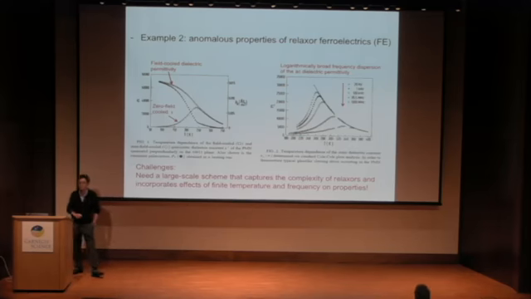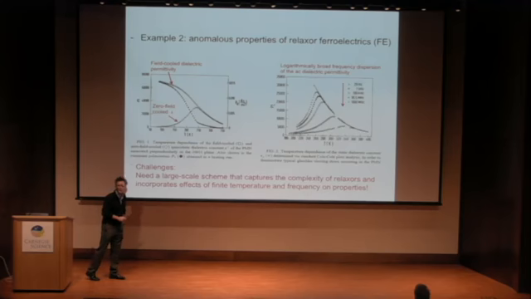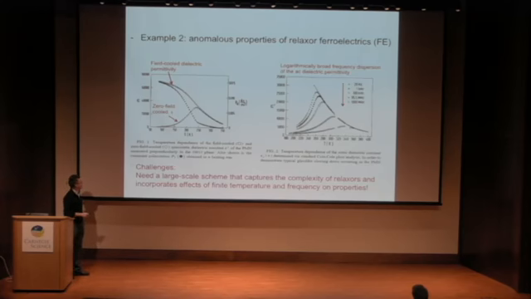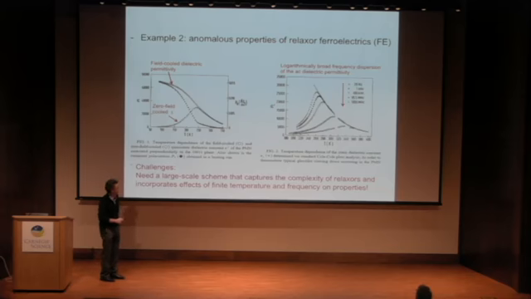What do you have to overcome? Quite big things, in fact, because you need a large-scale scheme, because these systems are quite complex. They are usually disordered, so you need quite a lot of atoms to put into the supercell. You also need to have a model that is able to capture the complexity of relaxors, what drives it, and you also need to incorporate effects that are not that easy to incorporate with usual DFT calculations, let's say finite temperature, but also frequency effects.